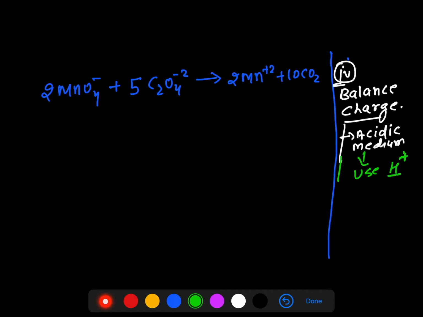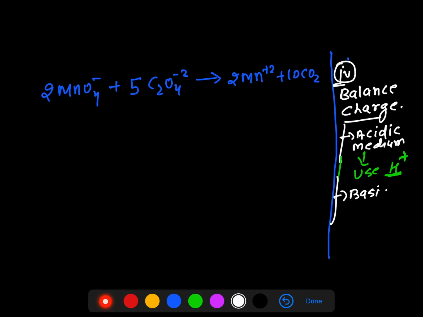It's not a foreign particle, it's not any random particle that we are going to add to the equation. It was already present over there. If you could see in the question, the H+ was present over there, right? We are just bringing it back. H+ signifies the acidic medium, so that reaction was occurring in the acidic medium, so H+ is already present there, right? So we'll use H+ to balance the charge in acidic medium.